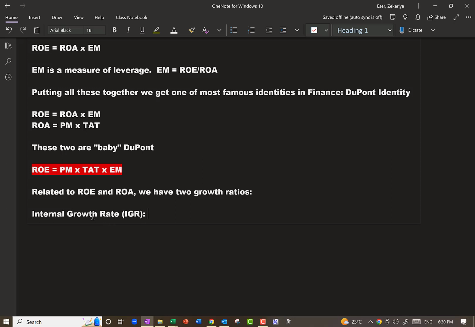IGR is the answer to the following question. What is the maximum growth achievable without using any external funds of any kind?